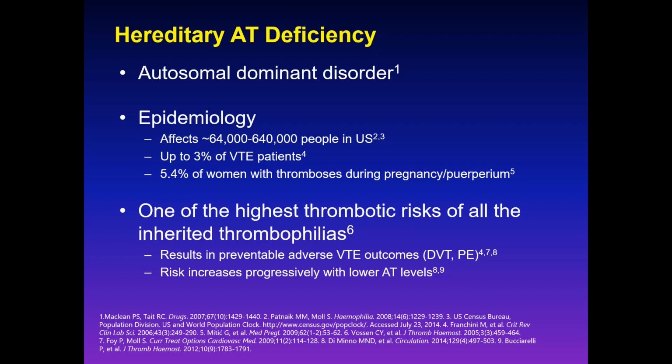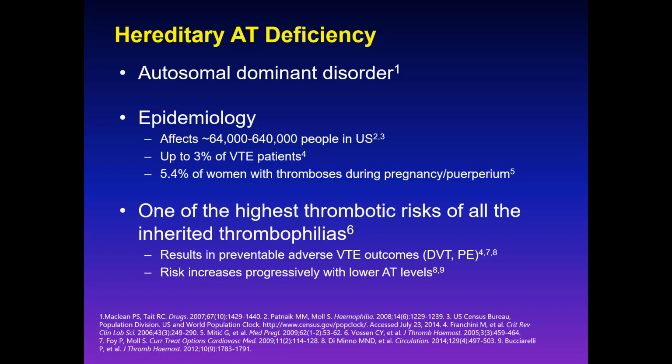Just as an aside, I take care of people with inherited bleeding disorders like hemophilia, for example. And in the country, there are probably around 20,000 people with hemophilia. So this, at the very least, is 3 times that number. When we look at a very interesting selected population, hospitalized patients with VTE, the likelihood of hereditary antithrombin deficiency bumps to 3%, or 1 in 33, which is different than 1 in 500 to 1 in 5,000 when we think about the prevalence.